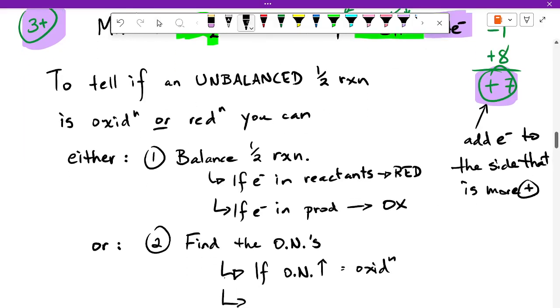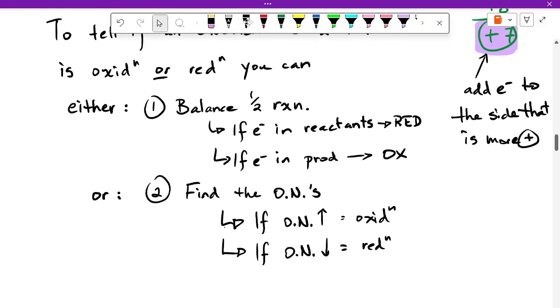If the oxidation number decreases, that is reduction. Or if you threw a lot of oxygens onto it, it's oxidation. If you took oxygens off of it, it is reduction.